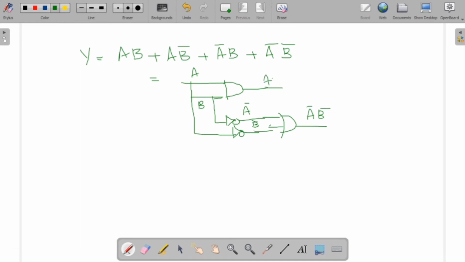Then A bar B, so you take a connection from here, A bar, then B from here. Then from where you can take AB bar, take a connection from here.